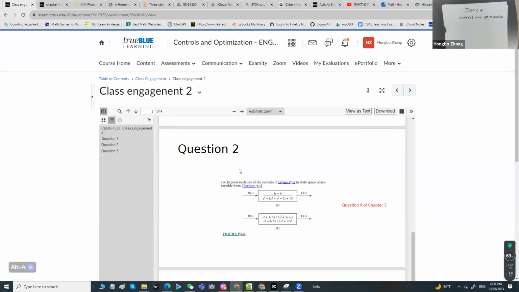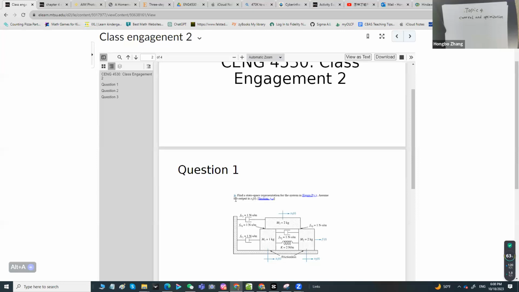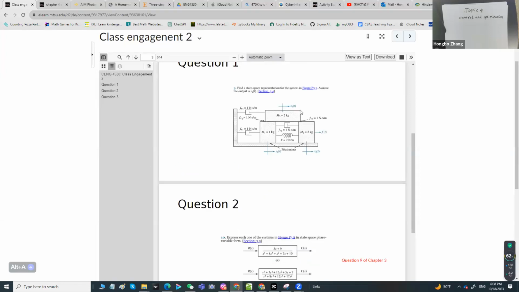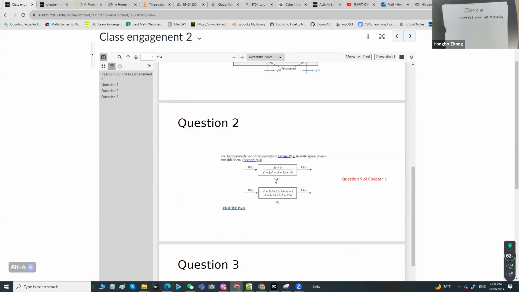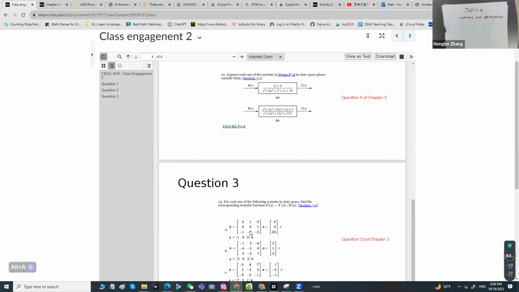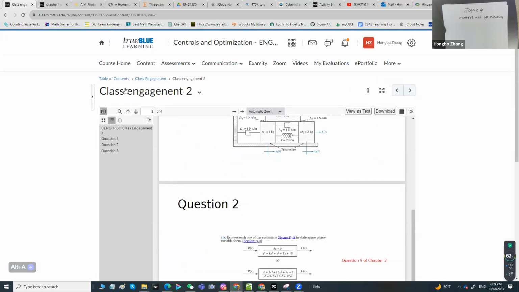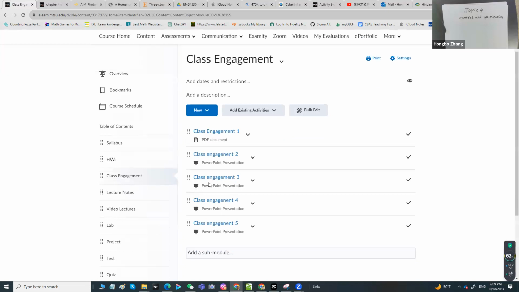You see this one here as well, class 2, class 3. Look, mechanical version. This one is from transfer function, and this one is in state space, and from state space through to transfer function as well, right? So class 2 and class 3 are all strongly relevant. Let me see class 4.